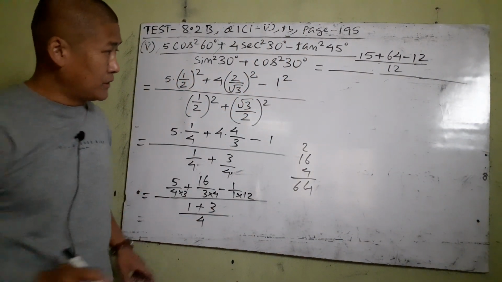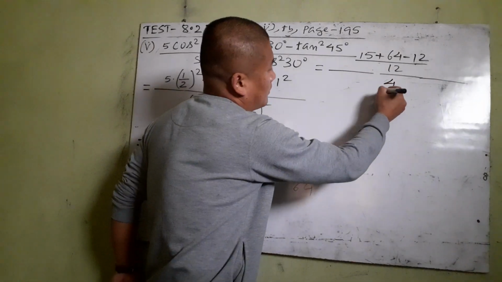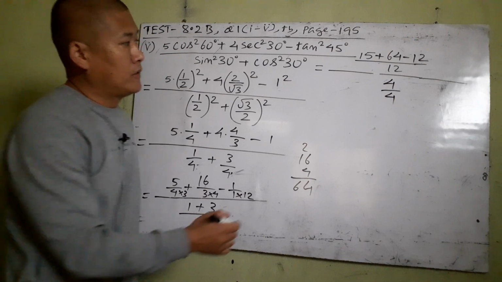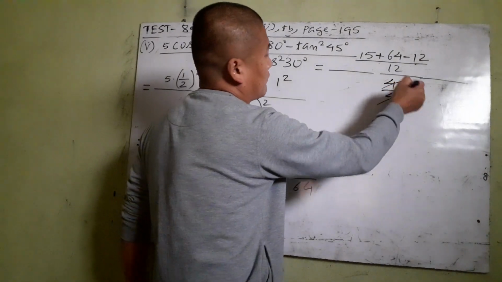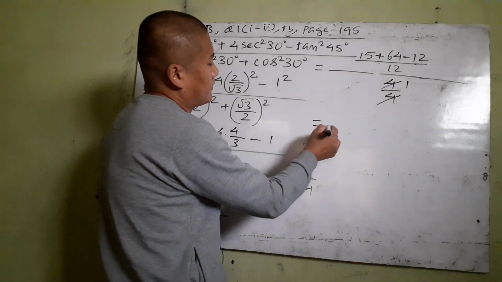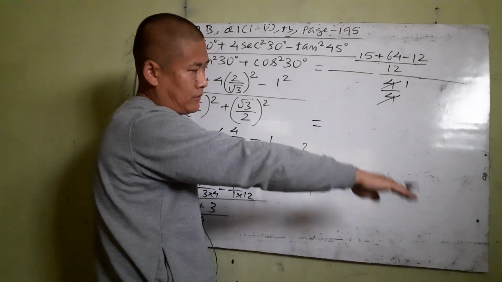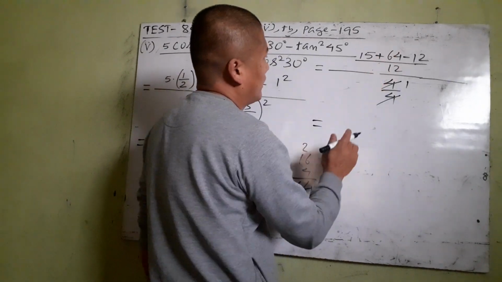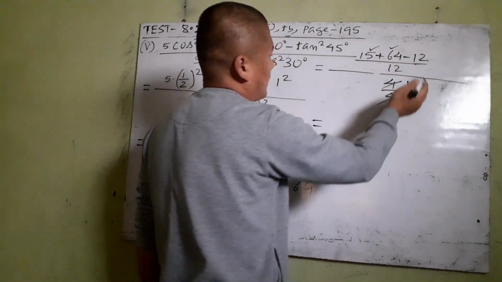Down here 1 plus 3 is 4 by 4, because down here is 4, so 4 by 4. So they will cancel out, this 4 and 4, means 1 is left only below the long line, 1 by 1 or 1. So we can stop bothering about that lower part now, only this is left. So these two are positive, so take the plus together.